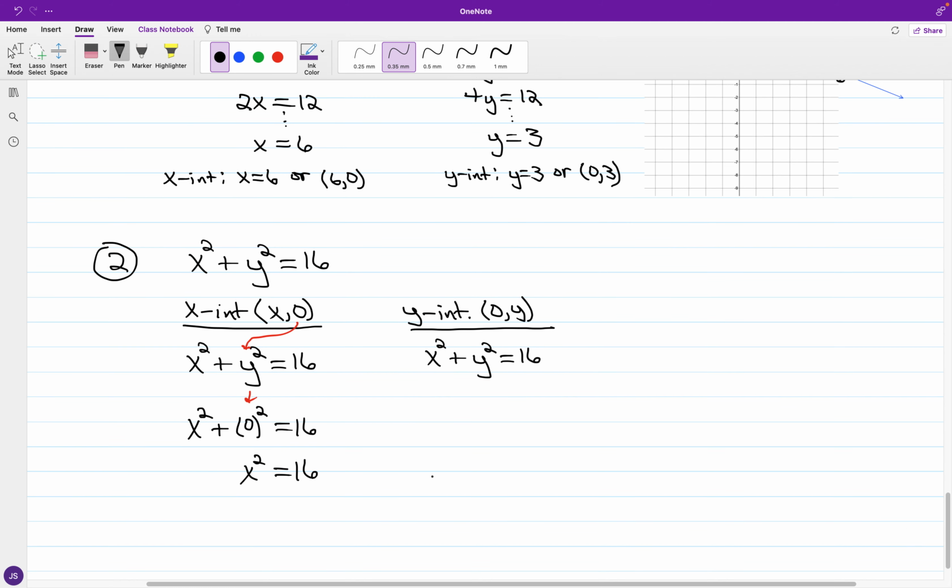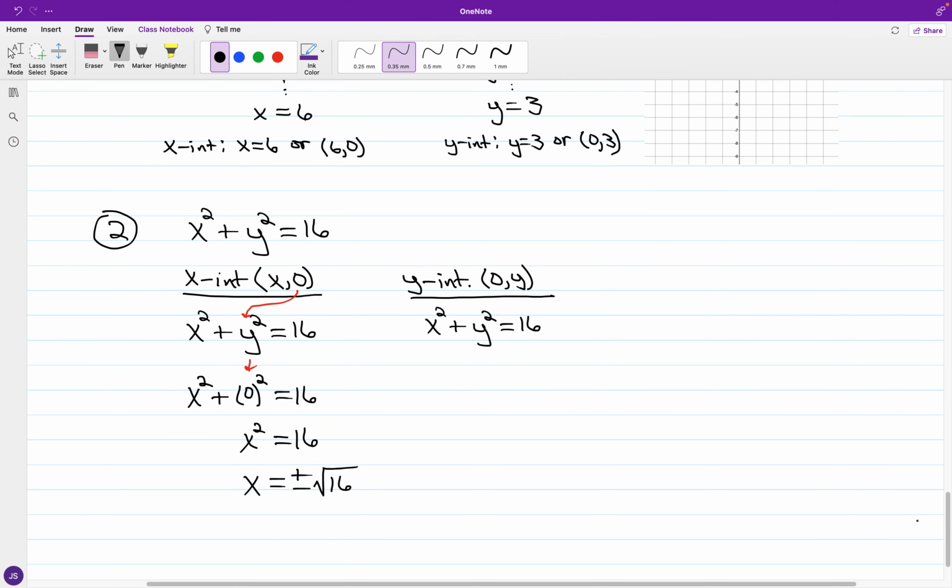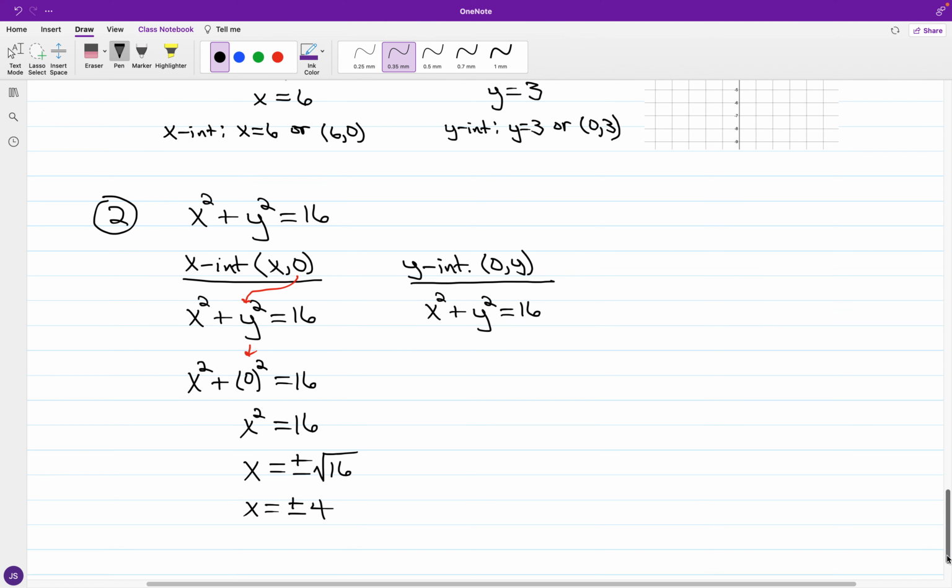For the follow-through, I can either set up this quadratic equation in standard form, or I can apply the square root property of equality. So I got x squared is equal to 16. And if I go from x squared to x, we have x is equal to plus or minus the square root of 16. And so we have x is going to be plus or minus 4.